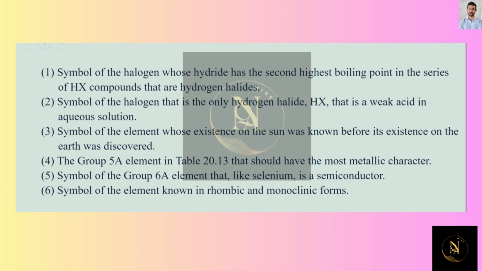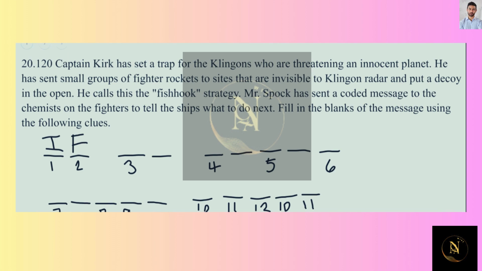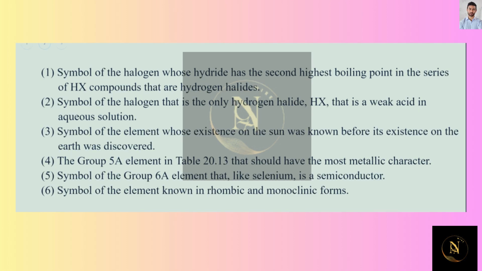Our third clue is the symbol of the element whose existence on the sun was known before its existence on the Earth was discovered. So we actually knew that helium existed on the sun before we knew it existed on the Earth. So our next word is He. Our fourth clue is the group 5A element in table 20.13 that should have the most metallic character.